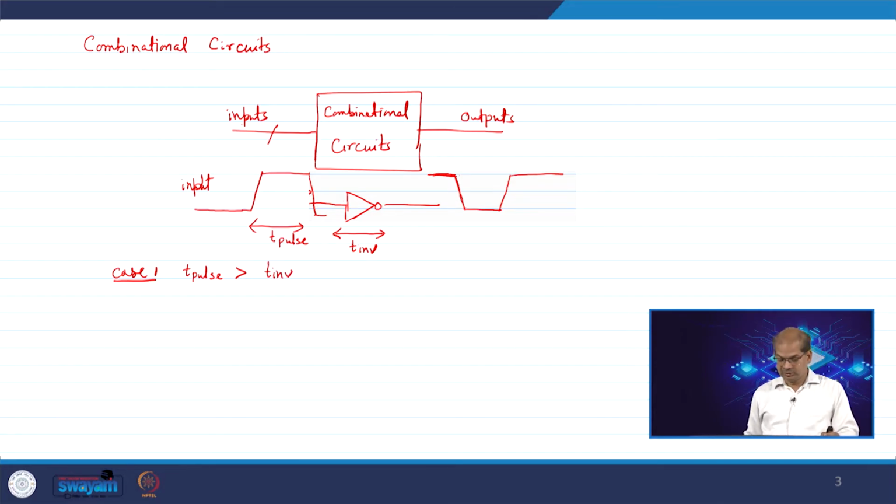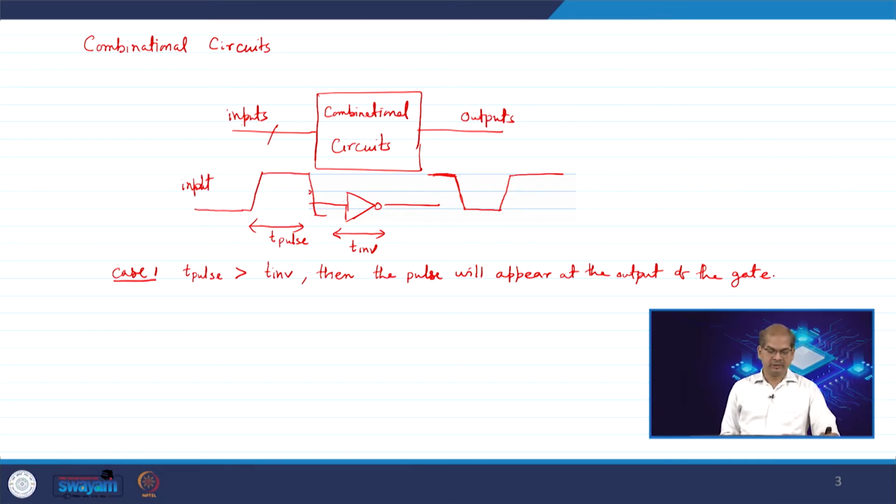Then the pulse will appear at the output of the gate.